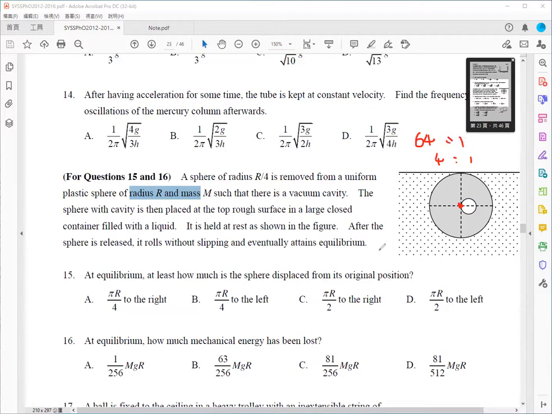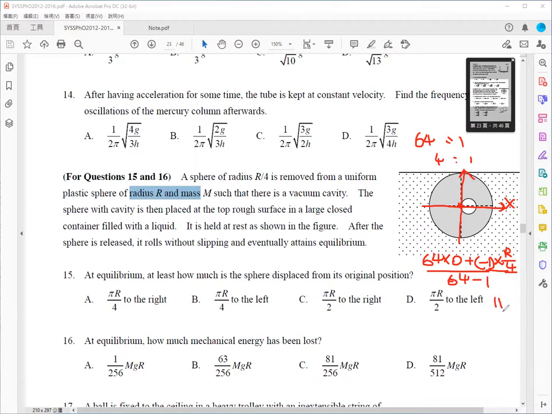This is the volume ratio. So I take the x-axis to be this one. So 64 times 0 plus -1 times r/4, divided by 64 minus 1.